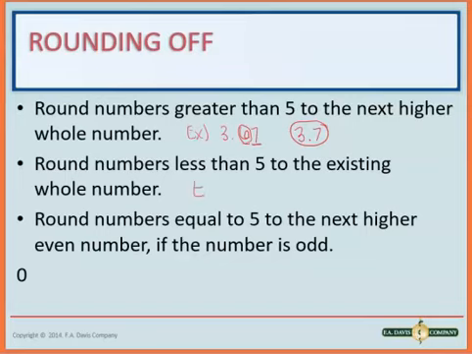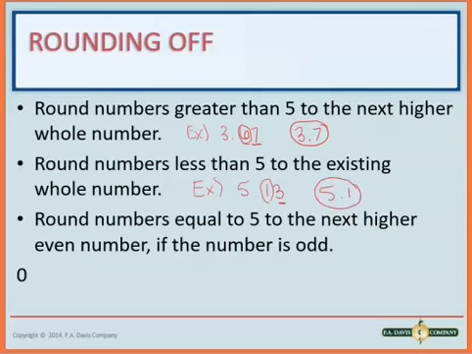So an example of that would be, let's say we have 5.13. This number here is obviously less than 5, so would we be rounding the 1 up to anything? No. It would stay 5.1.